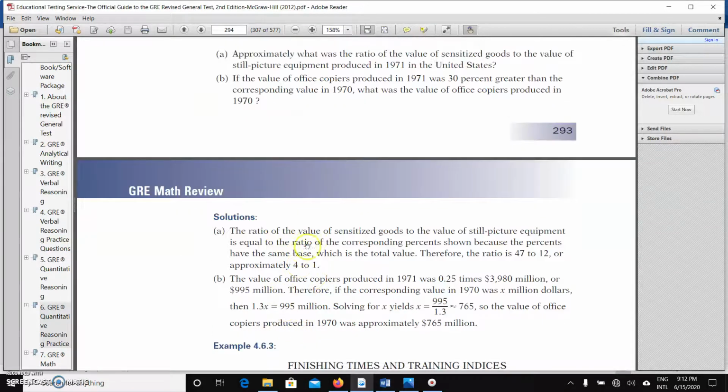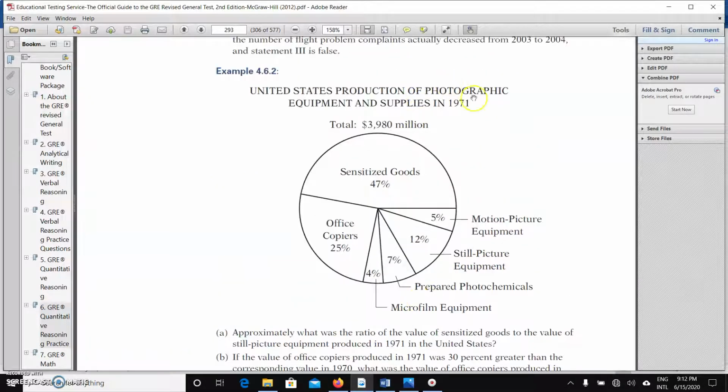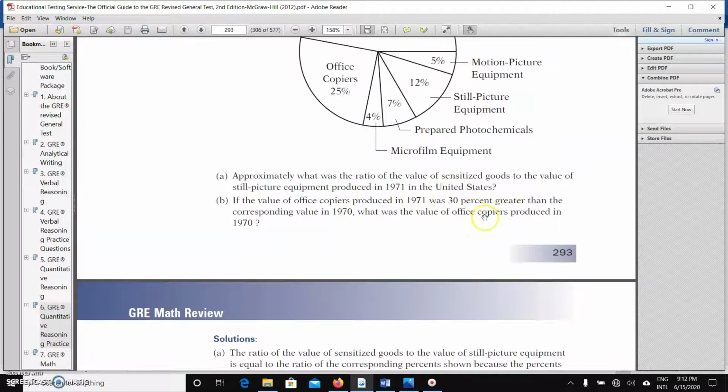It said if the value of office copier produced in 1971 was 30% greater than the corresponding value in 1970, what was the value of the office copier produced in 1970?